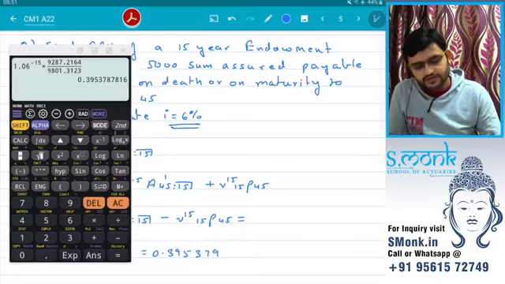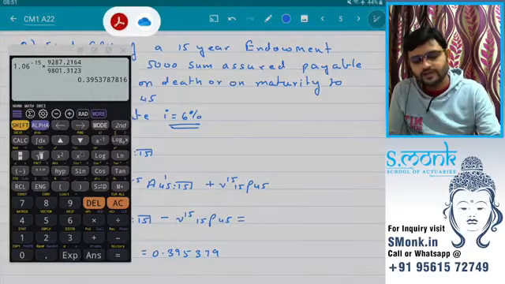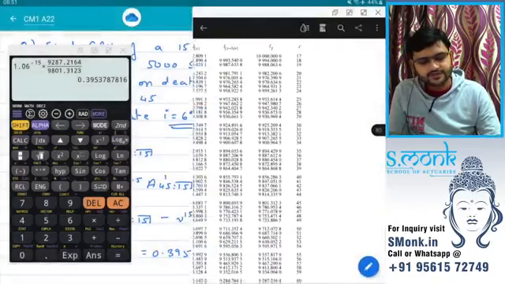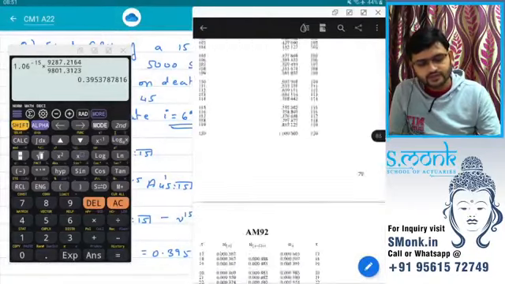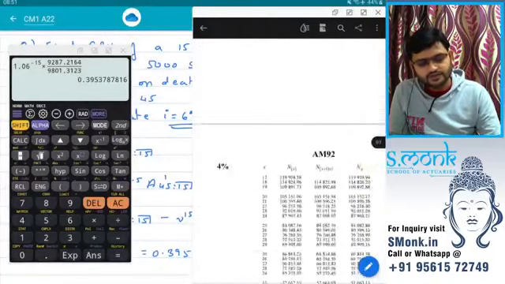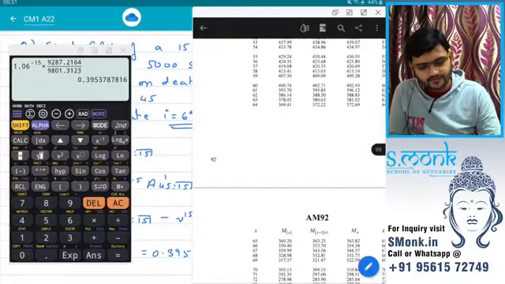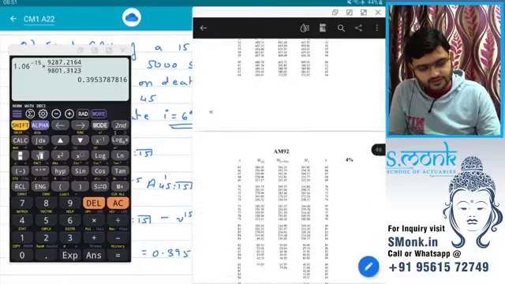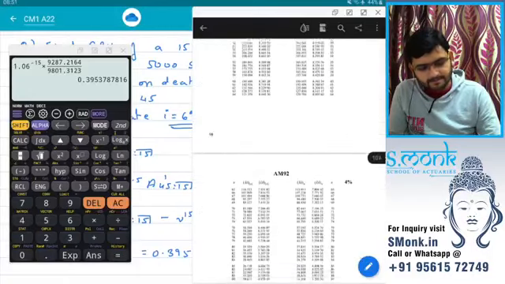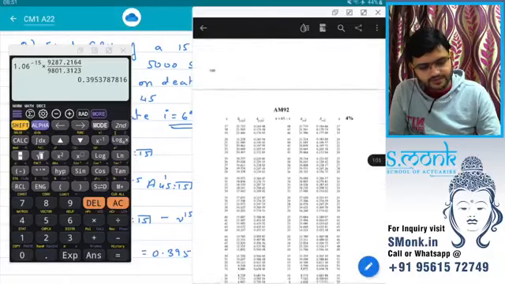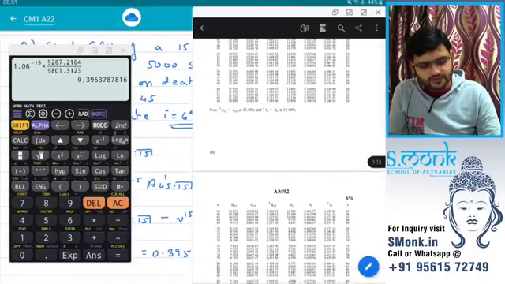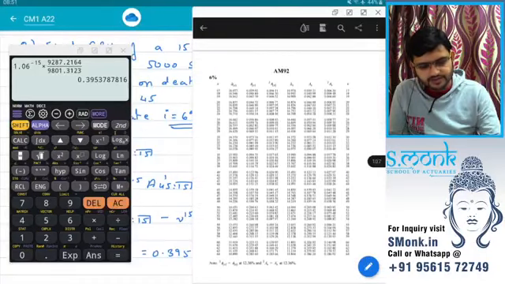For this I will take the endowment table. First of all, the 6% table starts from page number 102. First I'll go to those tables. Okay, these are all 4% tables. To go to, these are 6% tables.